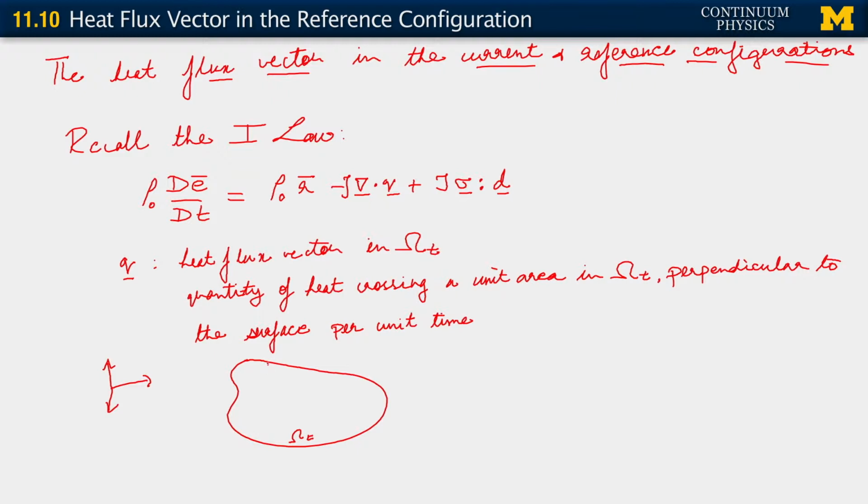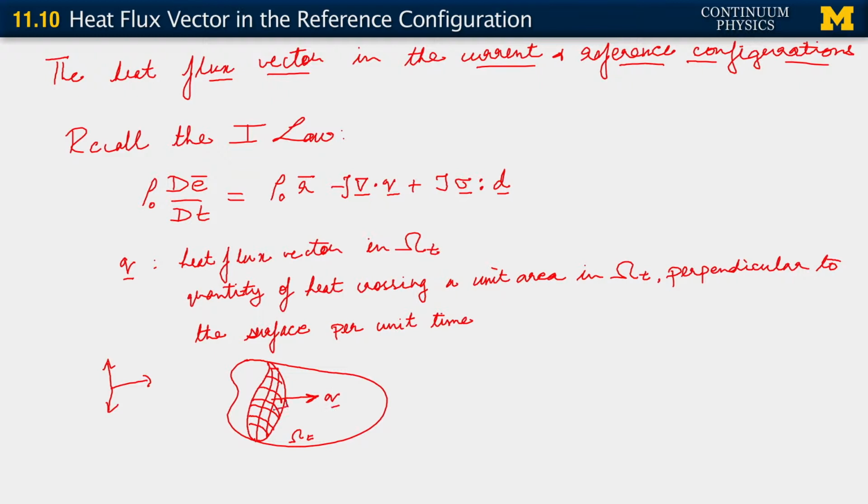Suppose that we have a surface, an internal surface, right, within the body, right? So I'll try to indicate that it's a surface by drawing these things that make it look like a surface. Okay. And what we're saying now is that the heat flux vector is that.